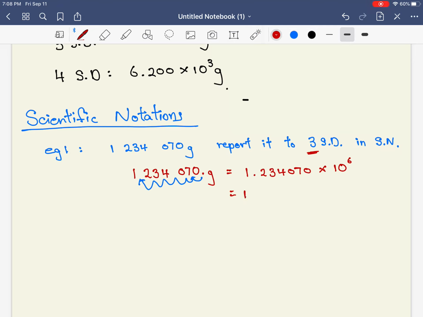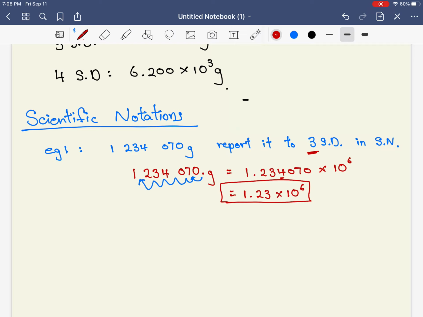So 1.23, because this is a 4, I will not round this to a 4, times 10 to the power of 6. That is how I'm going to report the number I see on my bank account to 3 significant digits in scientific notation.